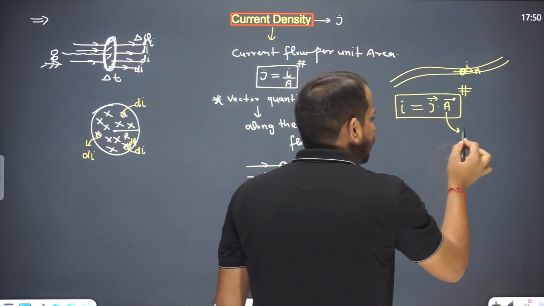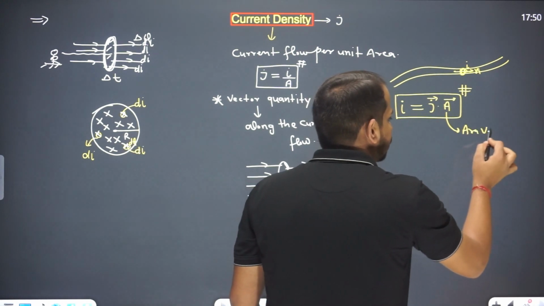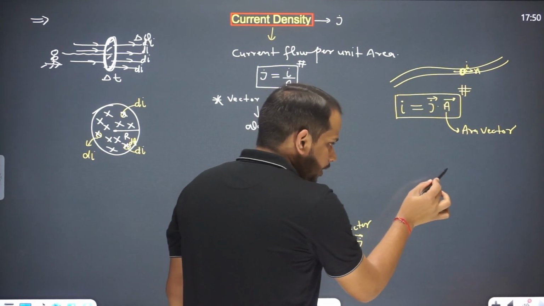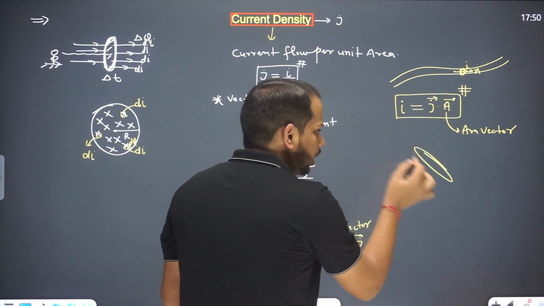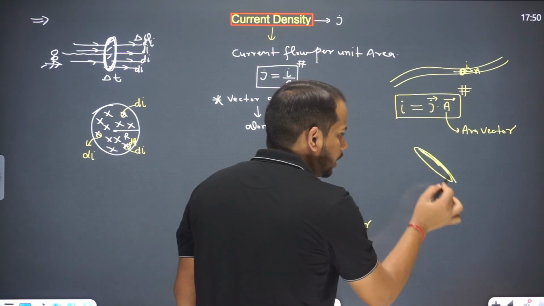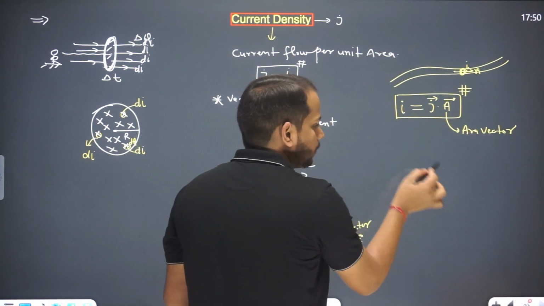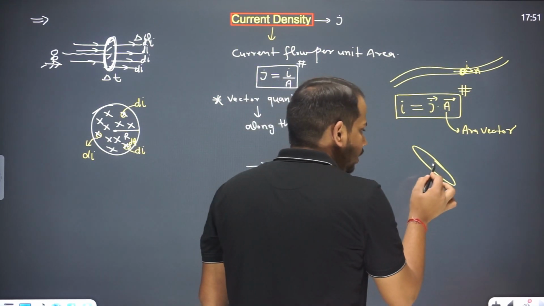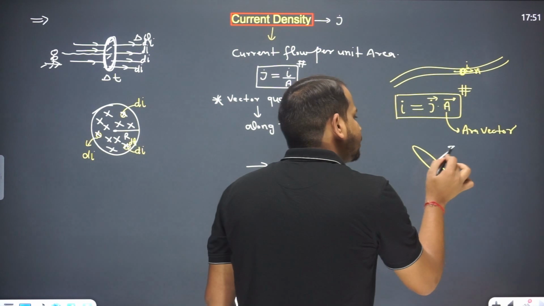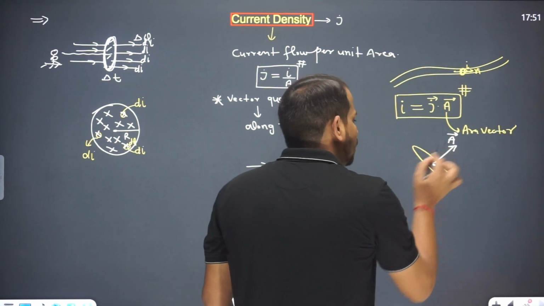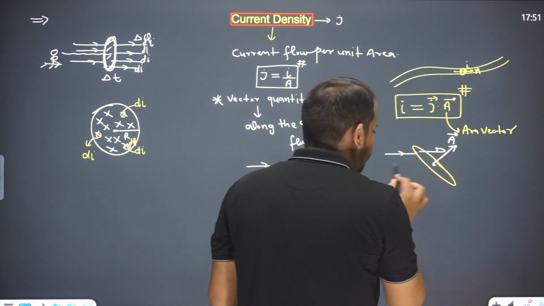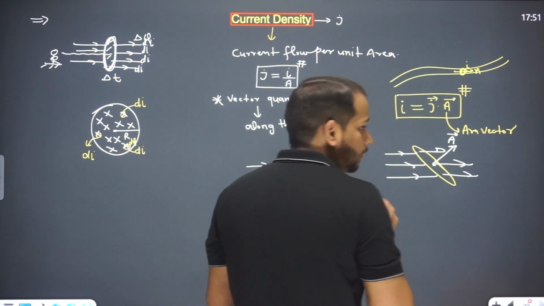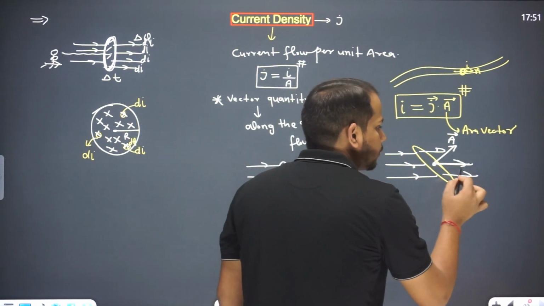And we know A is an area vector. Like, if this is the area we have, and this is the direction of the area vector, and the current is flowing like this, then this is the direction of J as well.